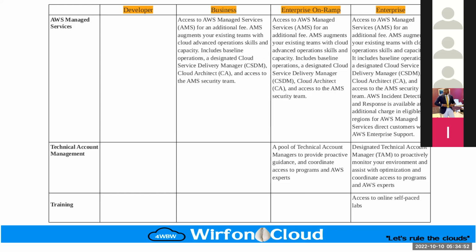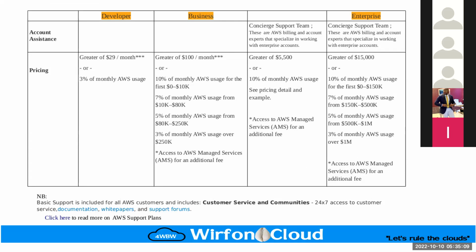So these are services that when you see them in the question, you know automatically that it is enterprise. You don't even need to think twice because it's only the enterprise support plan that offers this service. So who would want to read for us the account assistance?